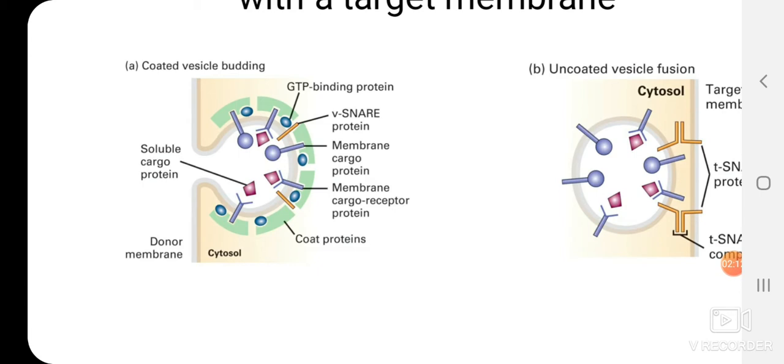So the green colored protein molecules, which are nothing but the coatomers, are going to polymerize at the membrane. While polymerizing at the membrane, they are going to interact with the cytosolic part of the receptors, and these receptors are the ones which will be interacting with the cargo or the protein at the other end.